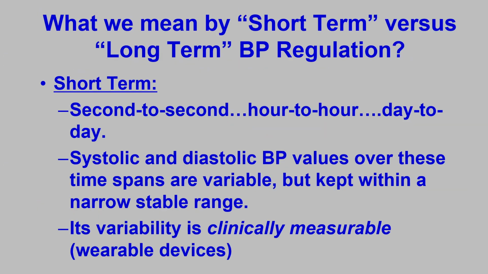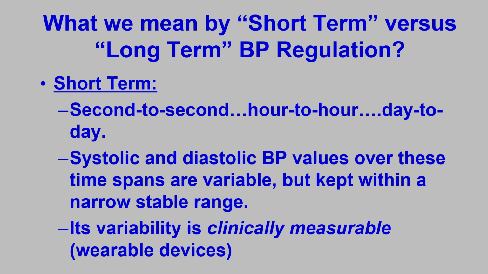So what we mean by short-term blood pressure regulation is the regulation of blood pressure in time spans which go from second to second regulation to hour to day. So systolic and diastolic blood pressure values vary from second to second, from minute to minute, and hour to hour, and during the day. And this type of variability, however, remains usually within a narrow stable range with occasional ups and downs throughout the day.